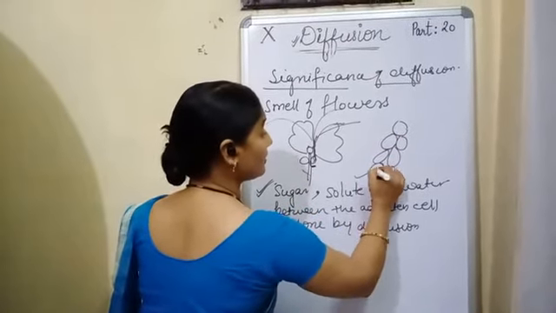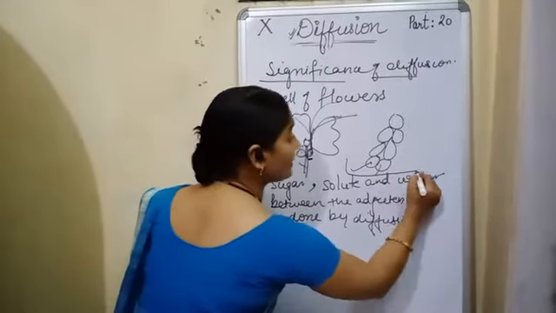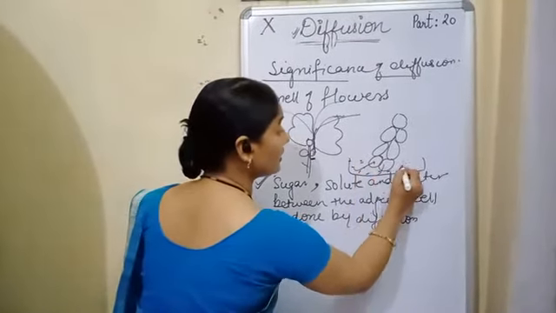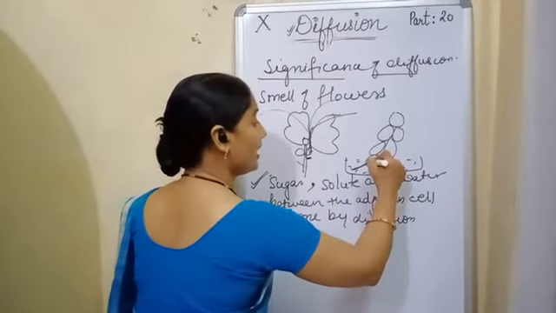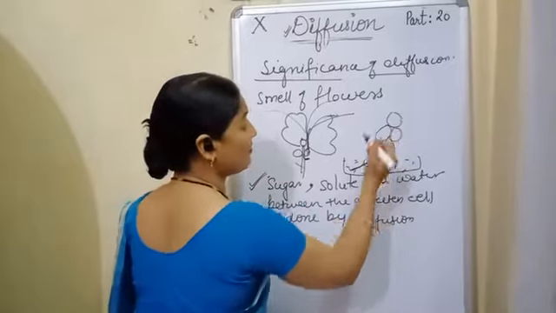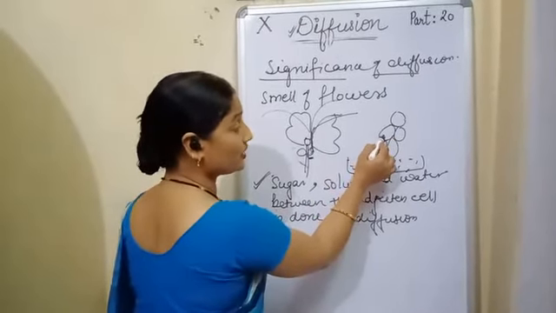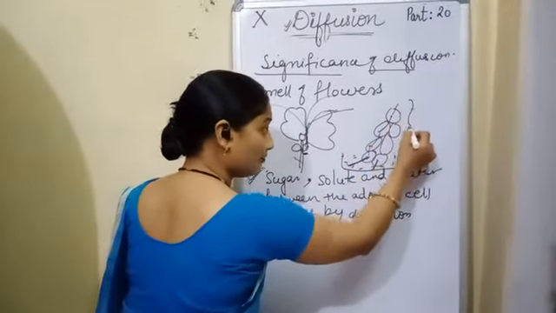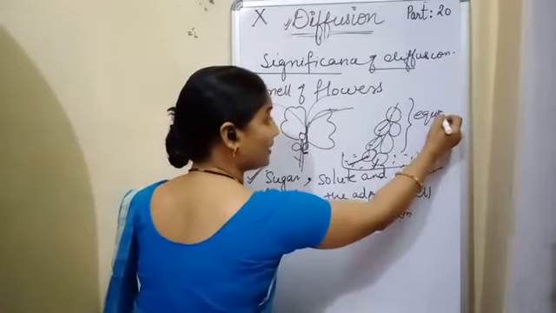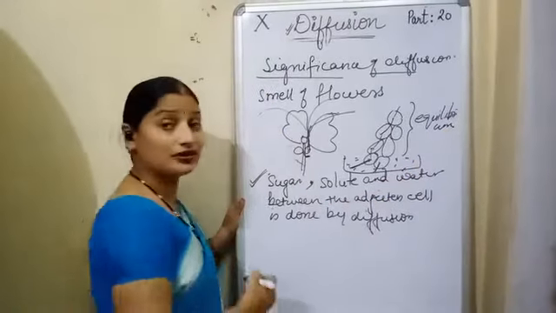The water as well as the minerals are at the higher concentration in the soil. They start moving in and through these adjacent cells. Where is the higher concentration? It will reach the lower concentration, until we get the equilibrium condition, that is the constant condition.